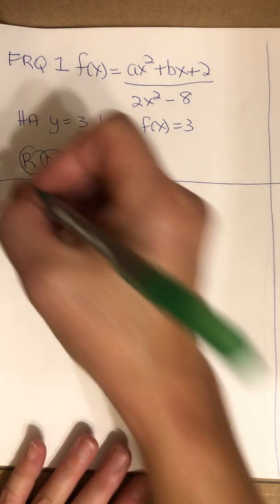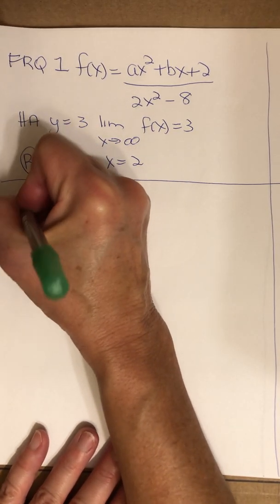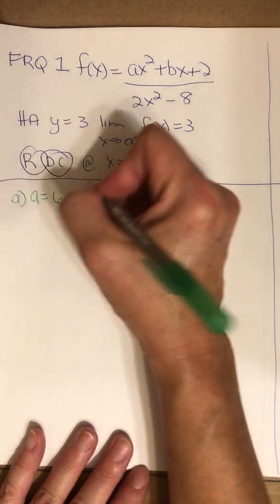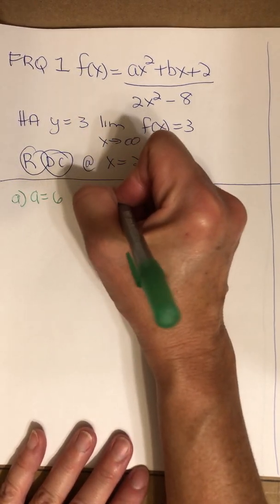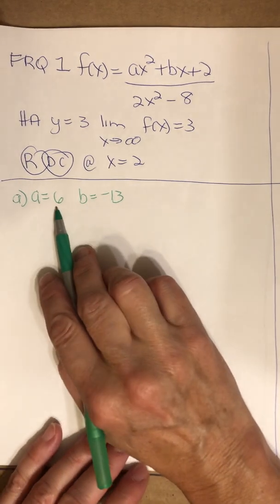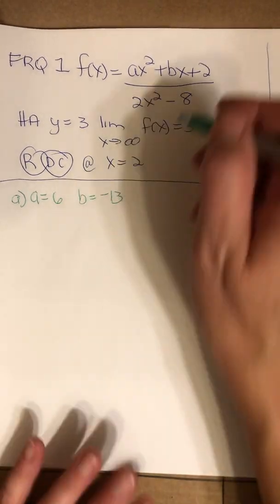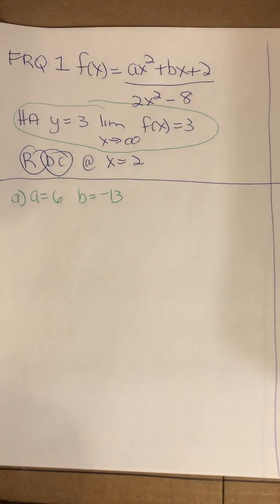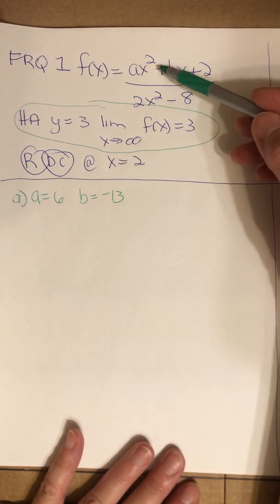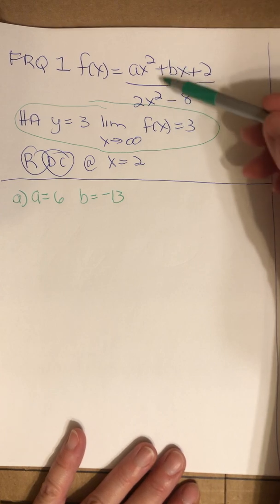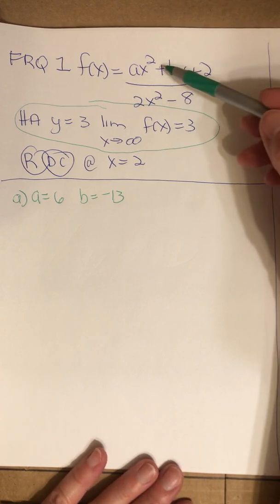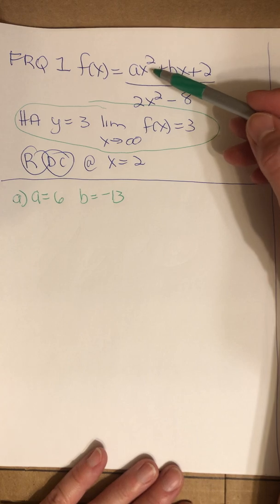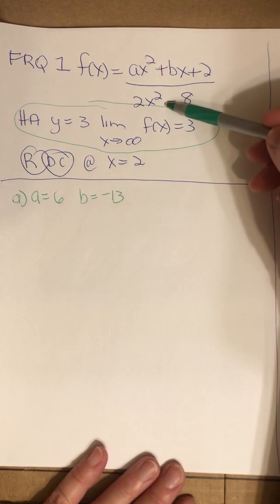Okay, let's take a look first. In green, here is a. They want us to show a equals 6 and b equals -13. How do I know that a equals 6? I get that from the fact that the horizontal asymptote is y equals 3. So the limit as x approaches infinity is 3. Take a look here, this was rational functions. Notice that the highest degree in the numerator and denominator is the same.